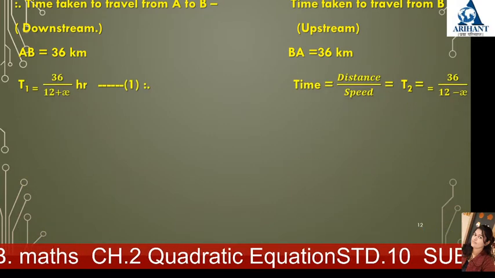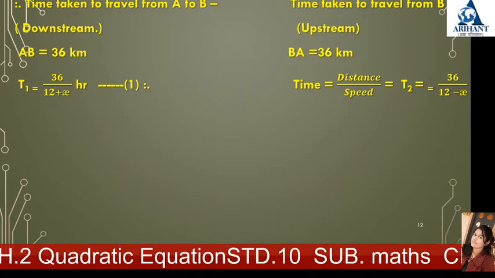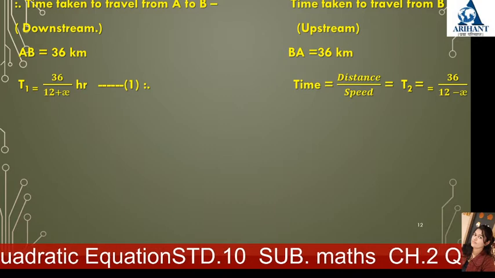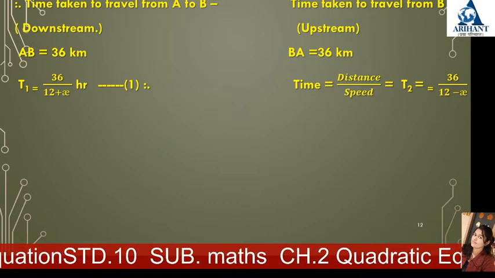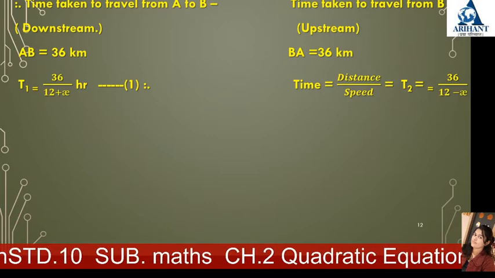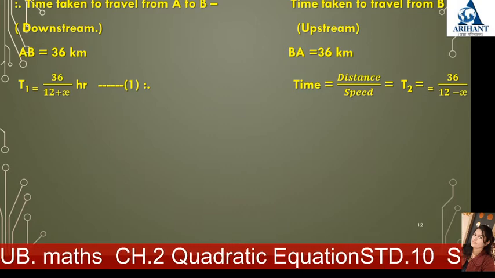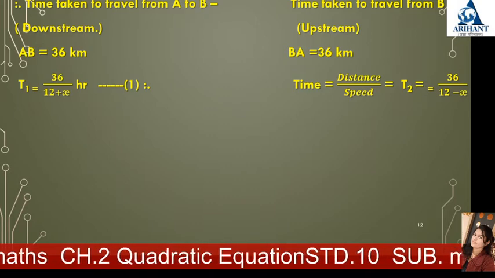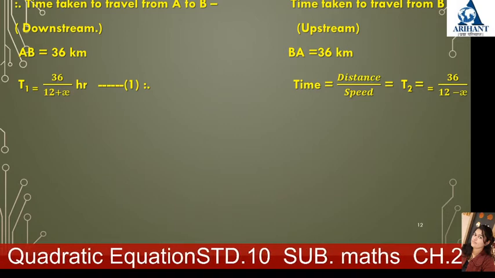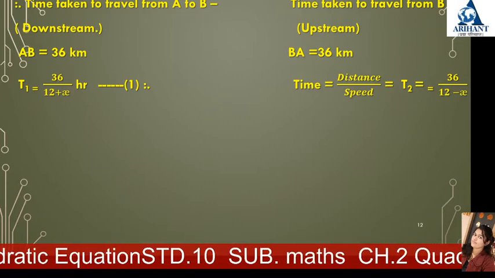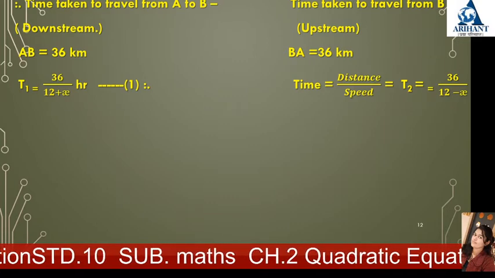Then the next, let's simplify it. T1, that is time. T1 is equal to 36, which is the distance of downstream, upon 12 plus x, which is the speed of the downstream. Why do we take 12 plus x here? Because it is in the downstream direction, and remember, for downstream we take positive sign.